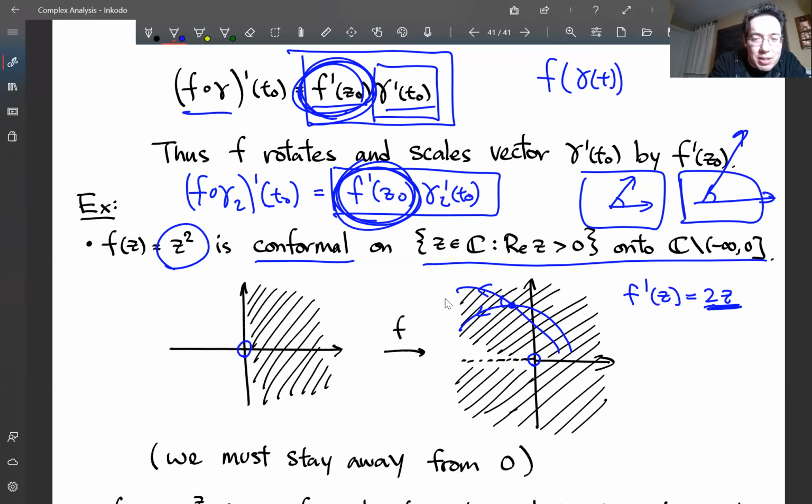So maybe I could draw a more interesting picture. Let's say I write "hi" on the right half plane, just kind of tilt your head 90 degrees.